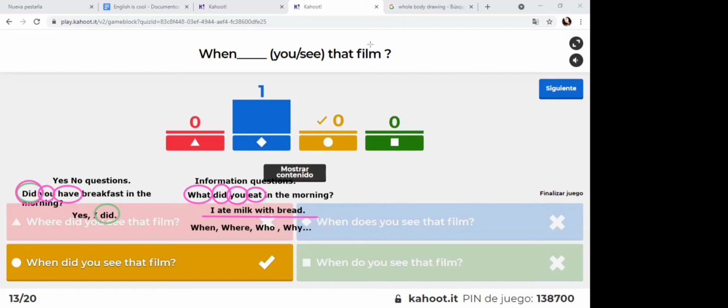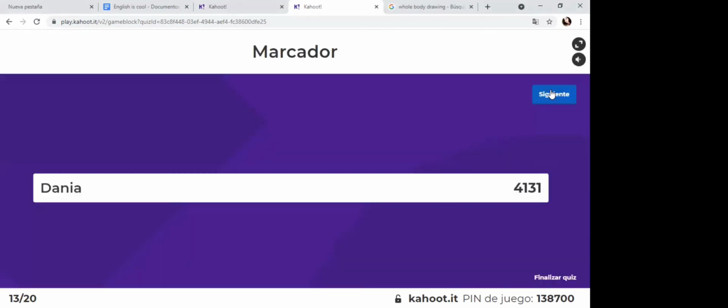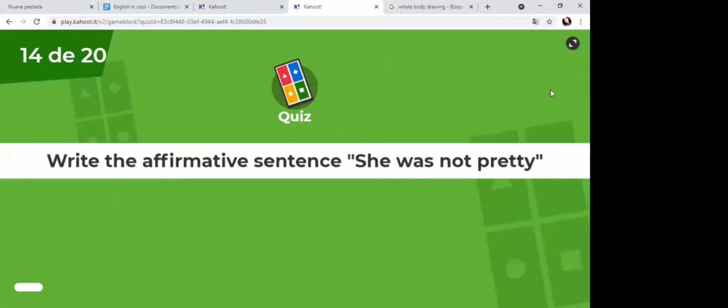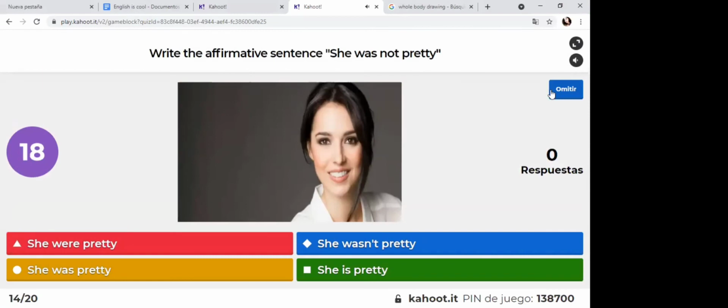Okay, so we're going to continue practicing. There is no problem. Don't worry, we will be practicing if you don't understand at all. Let's continue. Number 14. Write the affirmative sentence, she was not pretty.